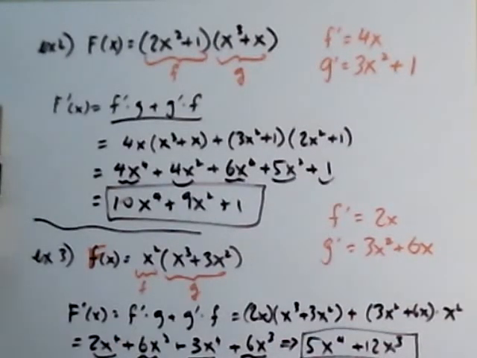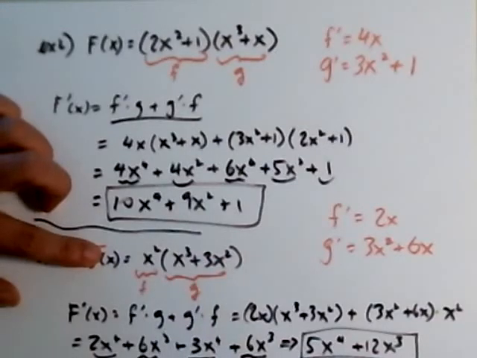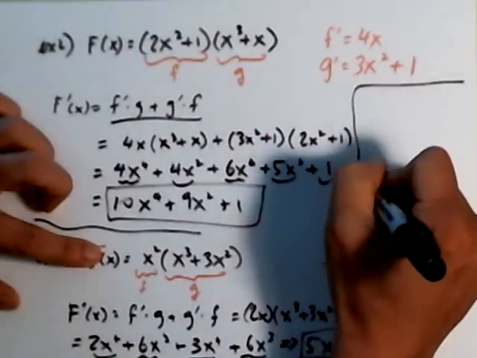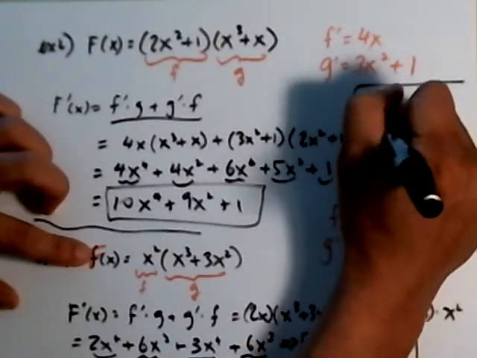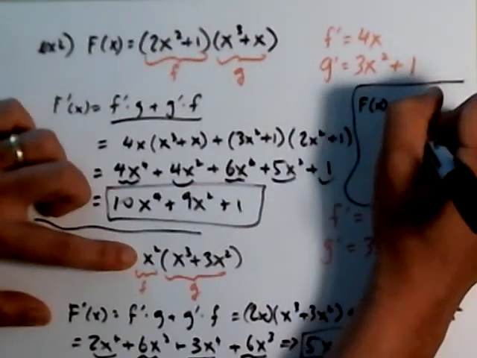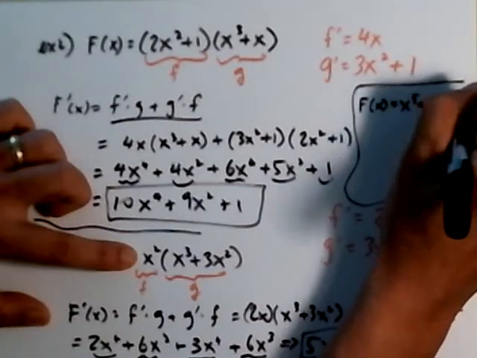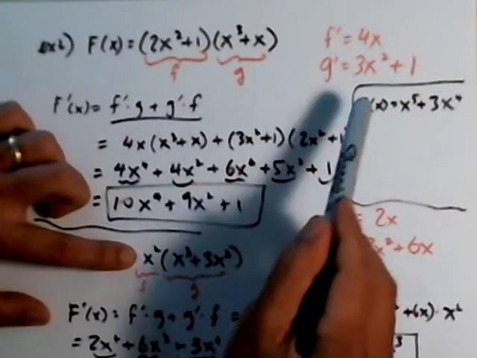Again, what we could have done in this situation is we could have distributed it out, so we're going to use method 2. You know, write it in here, method 2. Okay. Big F of x, if you distribute that out, is going to be x to the 5th plus 3x to the 4th. I distributed x squared times x cubed is x to the 5th.